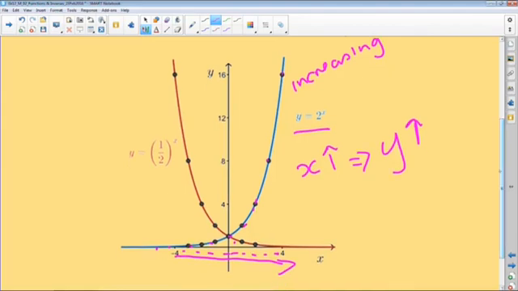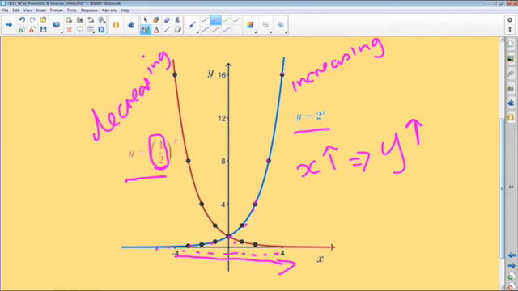Then on the other side, symmetrical to the increasing exponential graph, symmetrical about the y-axis, you get the decreasing exponential graph, and there you'll see we're dealing with fractional bases. So that implies that you're going to have a decreasing exponential graph.